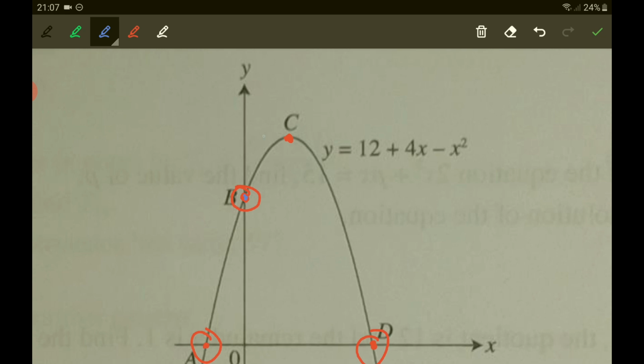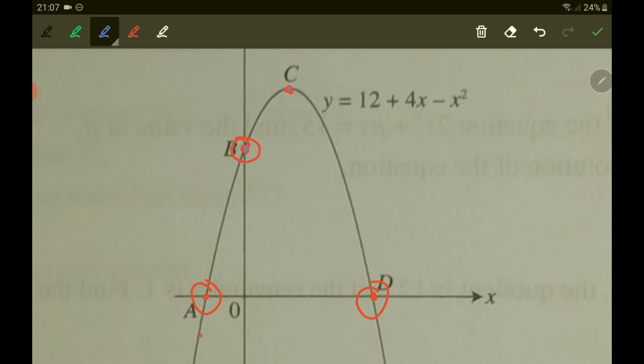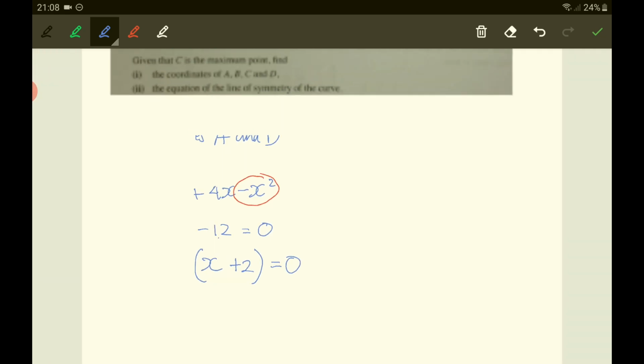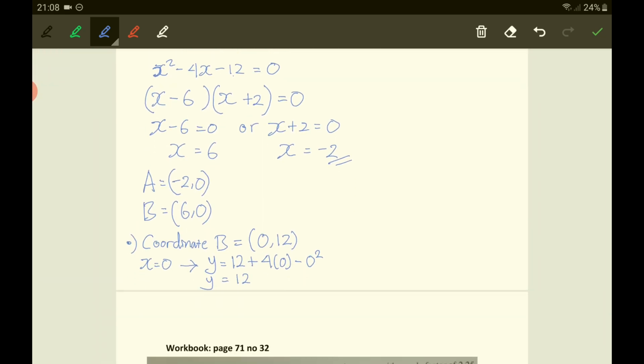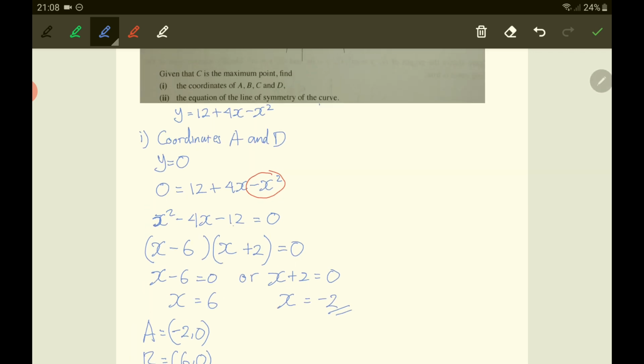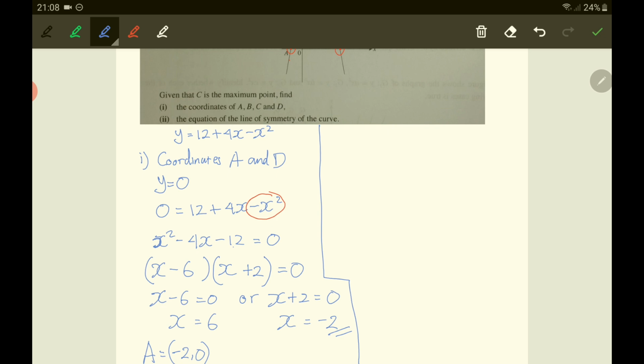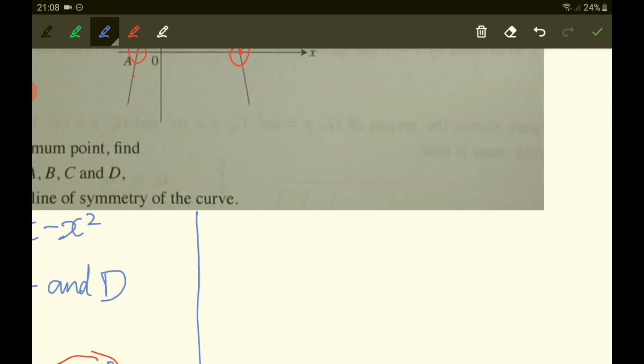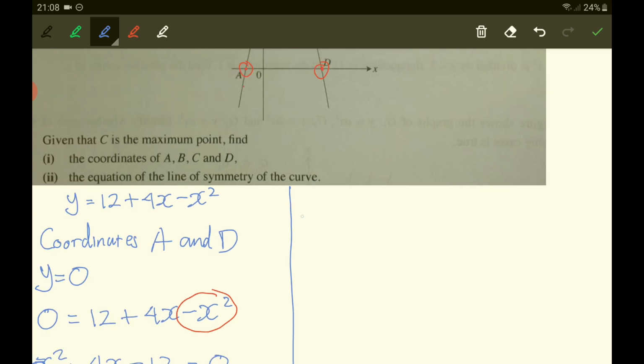Now how about the last coordinate, C? Because C is on the maximum point, we have to find the maximum coordinate. First I want to split this one so I have more space.